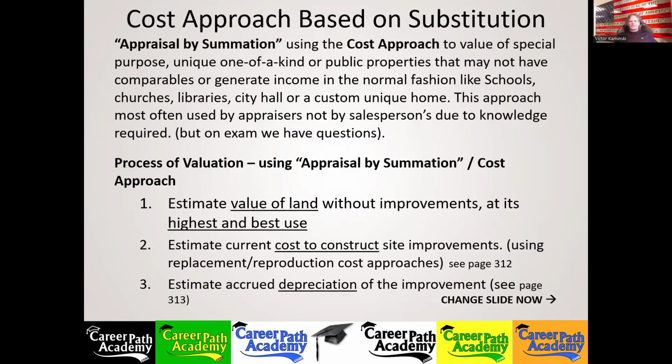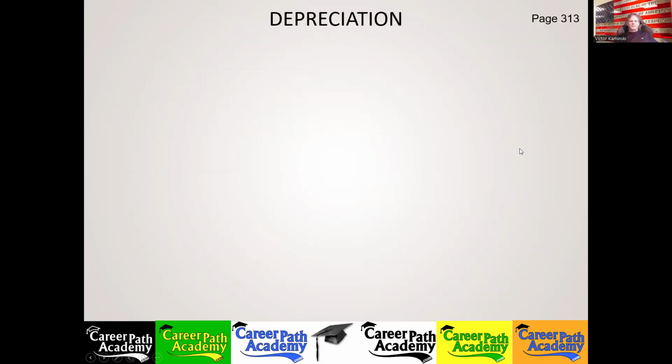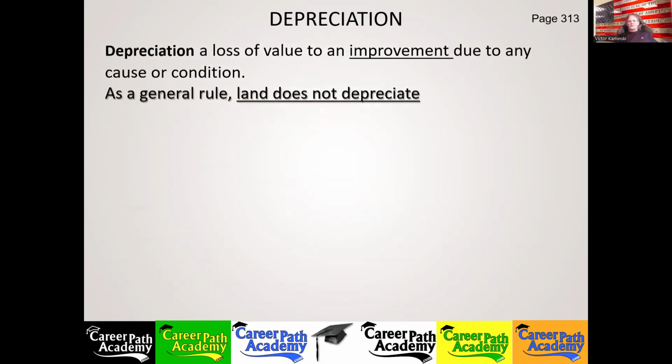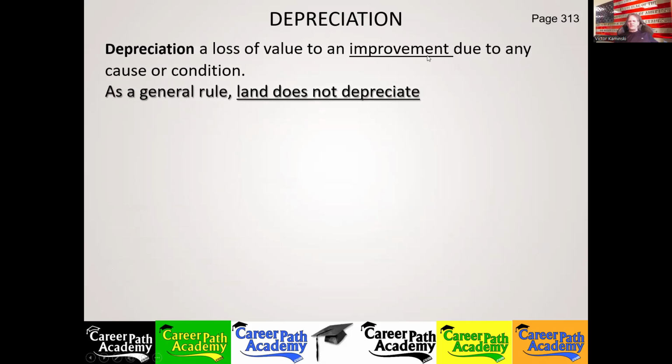Not unless there's extreme circumstances like chemical contamination or something like that. So, what is depreciation? It's a loss of value to an improvement due to any cause or condition. And as a general rule, land does not depreciate.